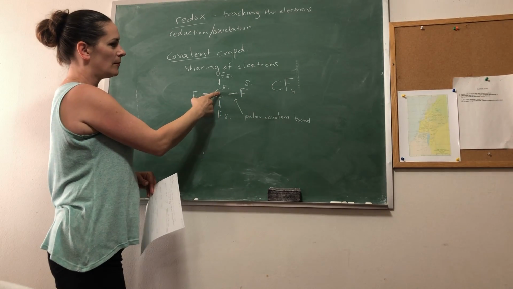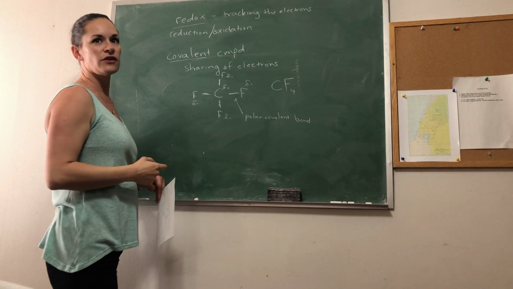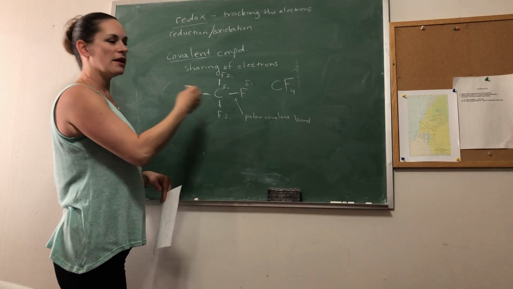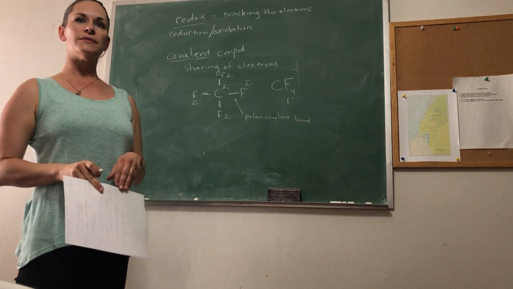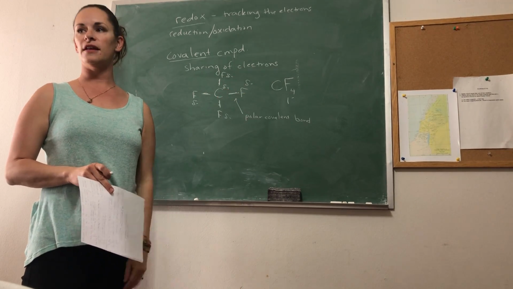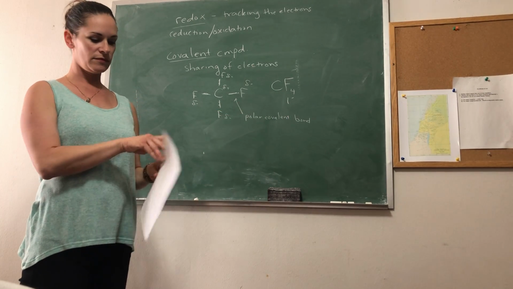So we know the fluorines are going to have these electrons, right? We're going to treat them as if they have the electrons full time and give them a -1 oxidation state. So when we're calculating oxidation states, we pretend that it has the electrons full time. So the fluorines are going to get a -1.